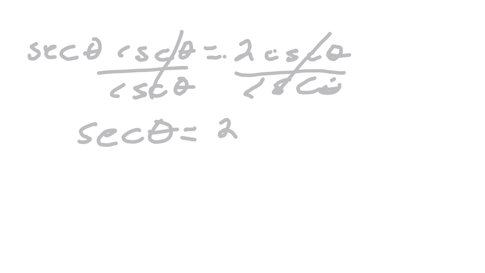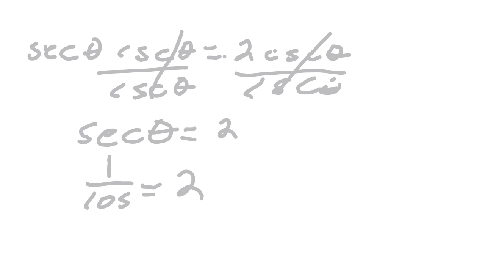So secant theta equals 2. Well, what is secant? Well, secant is 1 over cosine equals 2. Okay, so if I wanted to know where 1 over cosine equals 2, then I've got to figure out what would give me 2 from a cosine measure.